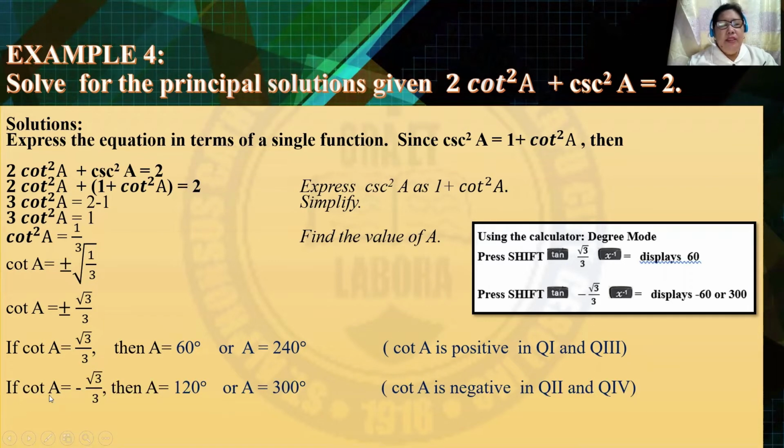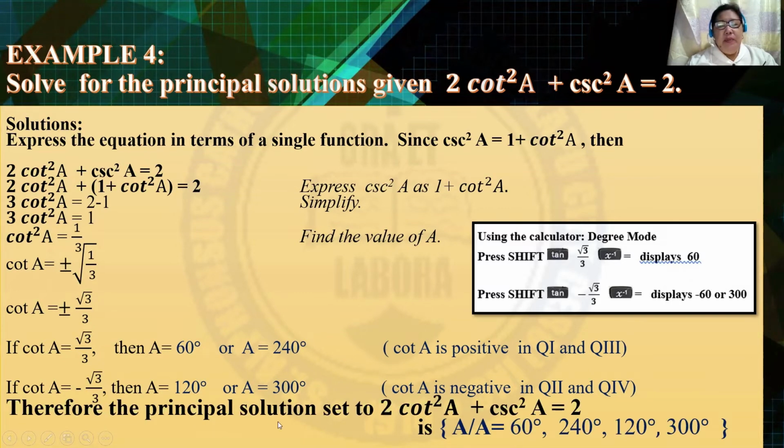Then if cotangent A is equal to negative square root of 3 over 3, then angle A is equal to 120 degrees, that is in the second quadrant since the reference angle is 60, or A is equal to 300 degrees or negative 60. Again, cotangent is negative in the second quadrant and in quadrant 4.